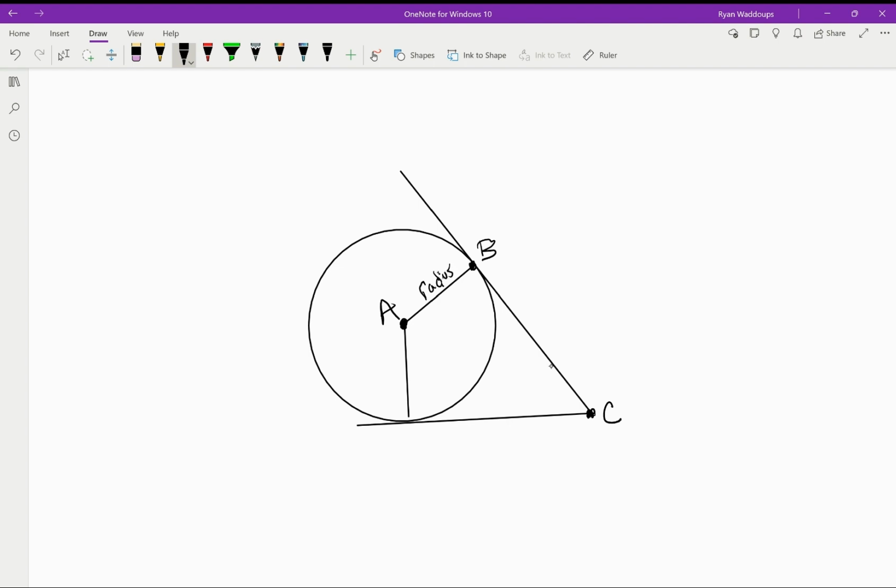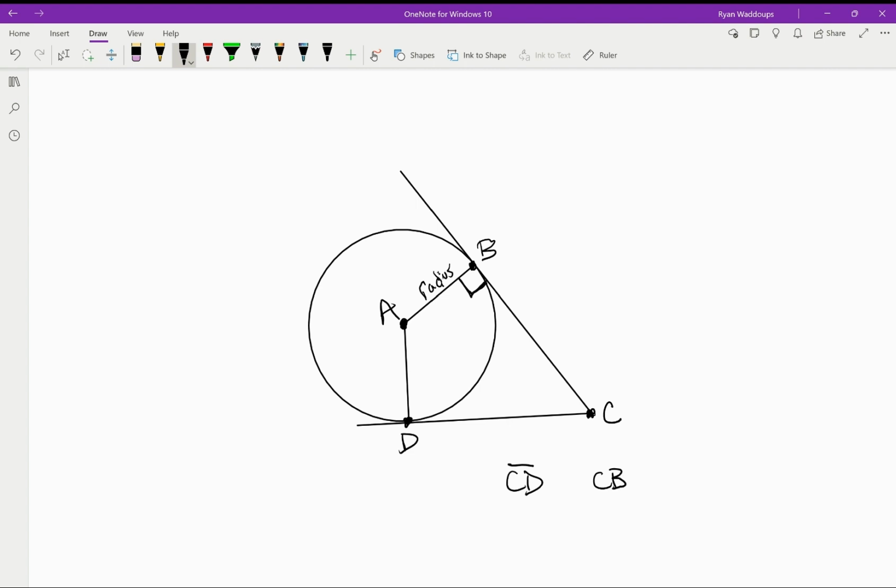And that means that a tangent line and the radius, they are at right angles to each other. So this is a right angle. And not only that, but if we go over here and call this point D, we could say segment CD and segment CB.